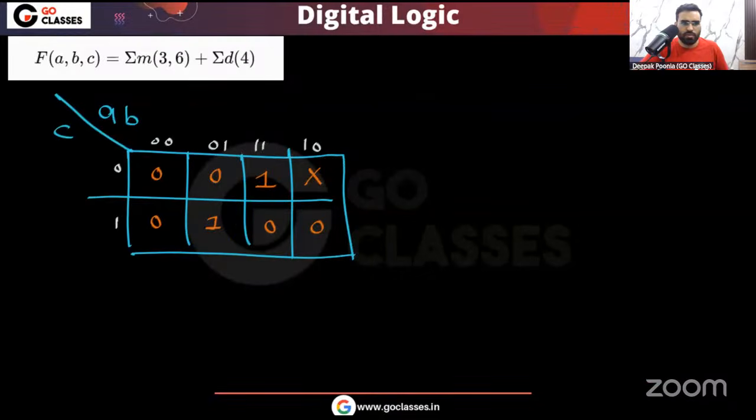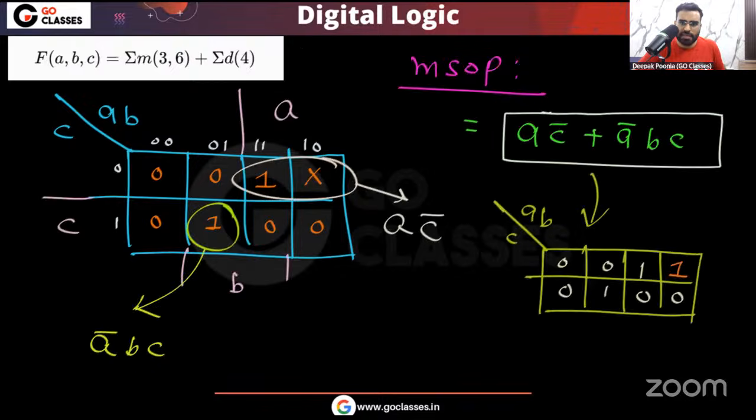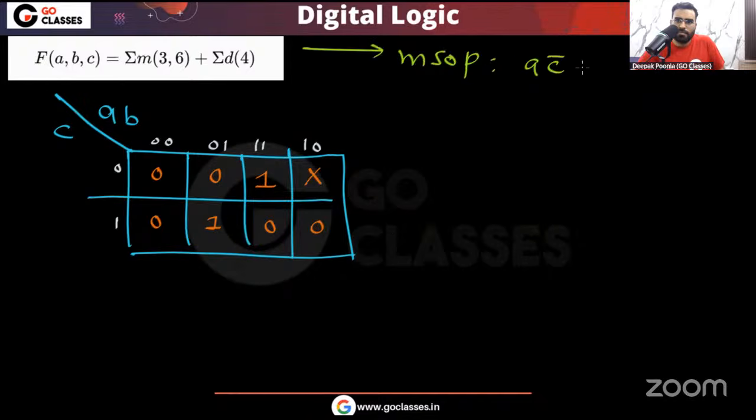Okay. So let me just tell you the conclusion. If you see the minimal SOP we found, that is AC bar or A bar BC.